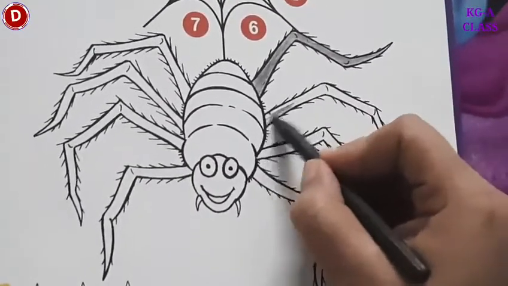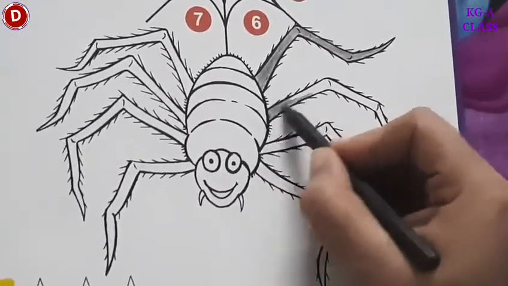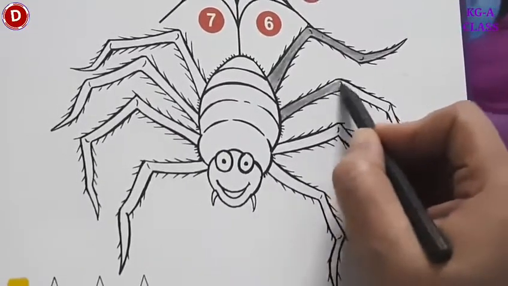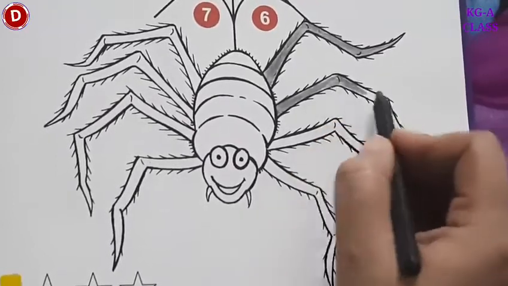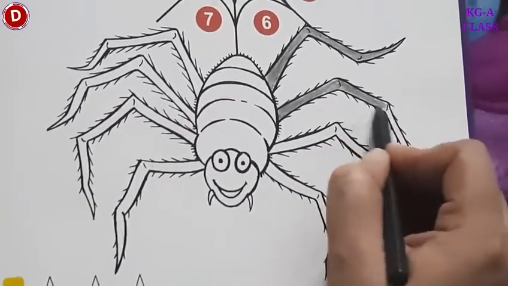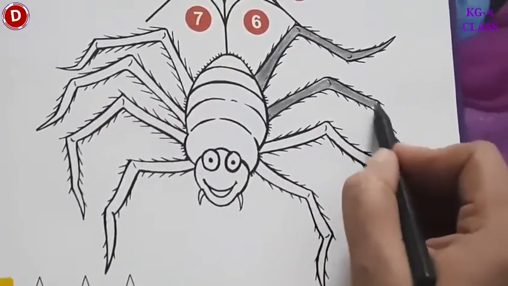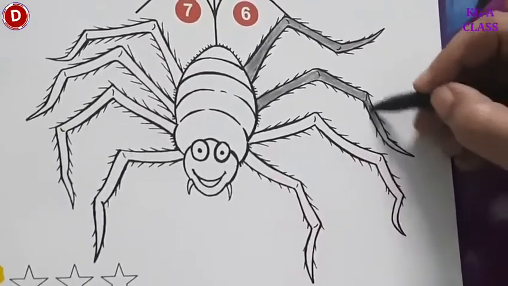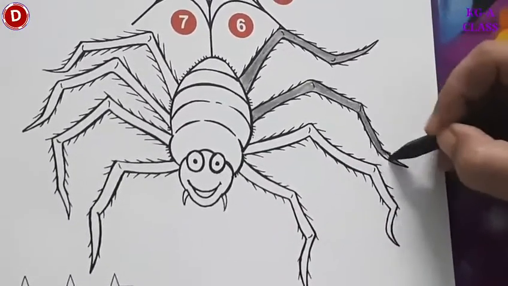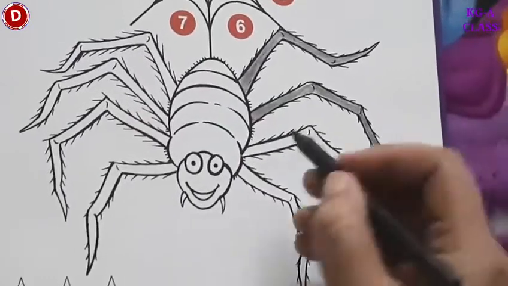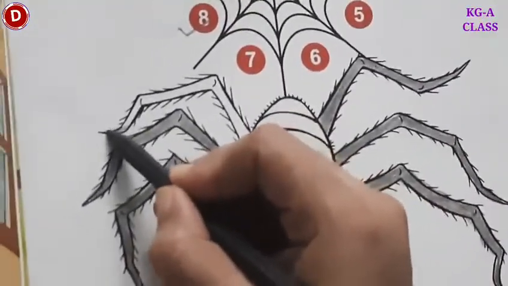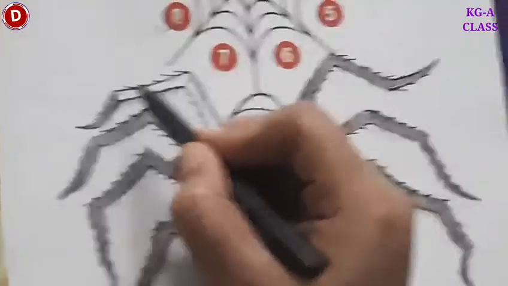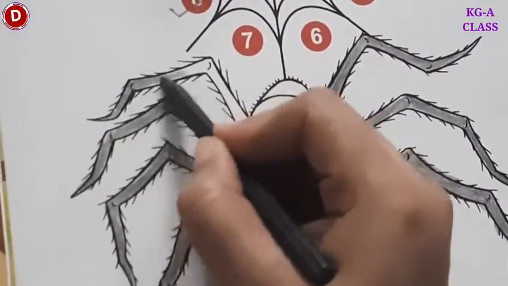Now the second leg. Third leg. Children, this is the last leg of this spider which I am coloring, okay?